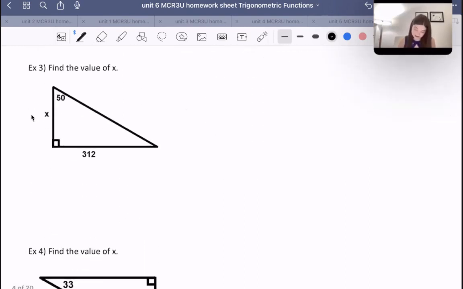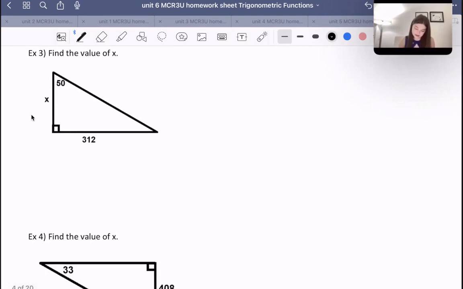All right, let's try this next example here. This one actually does look a bit more to scale to me. Sorry, this would be 40, so this would be the smaller angle. So this looks a little closer to scale than the last one did, which is good. So let's find the value of x. Here we have the opposite, and we need to find the adjacent.